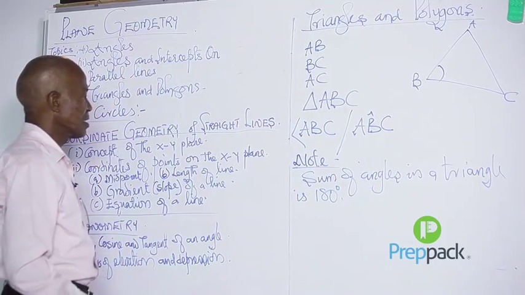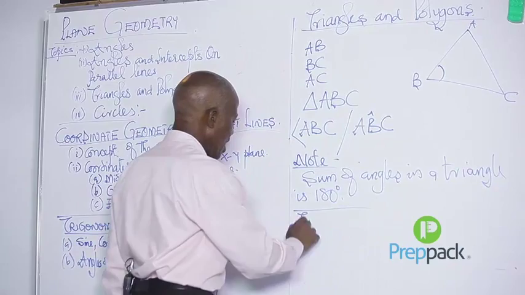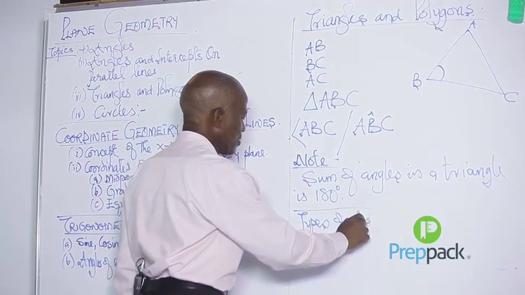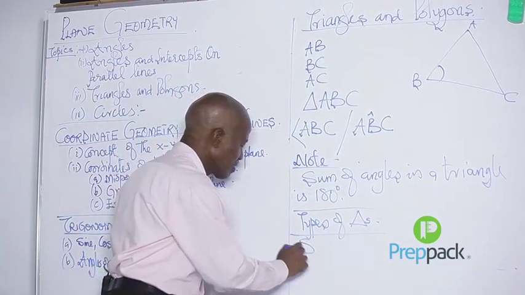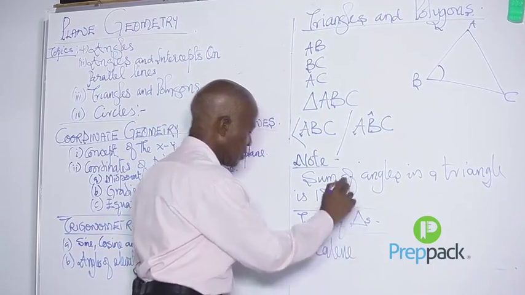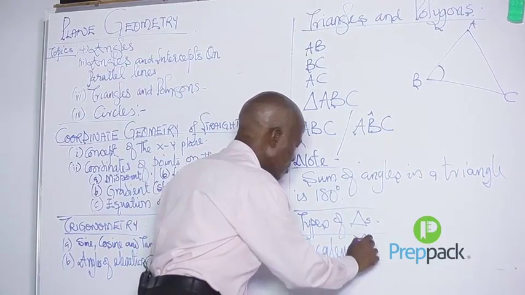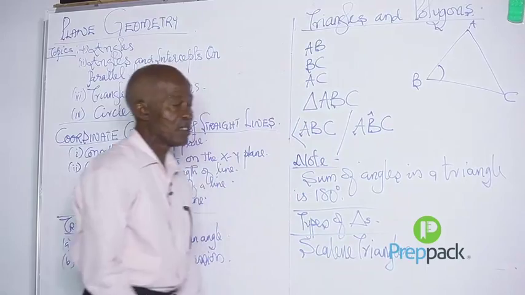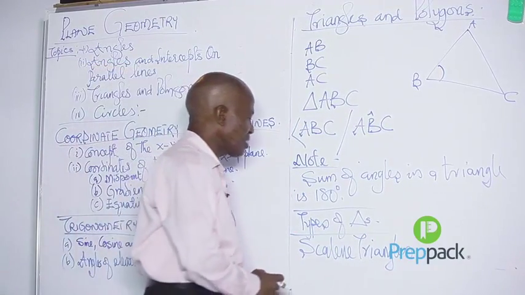Like I said, we have different types of triangles. We have scalene triangles. Here, none of the three angles are equal.